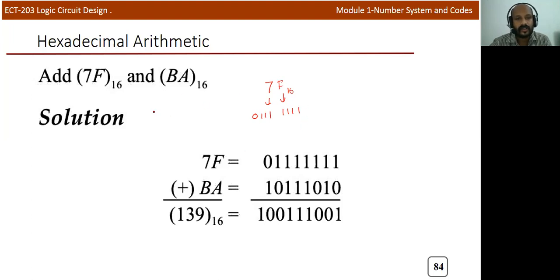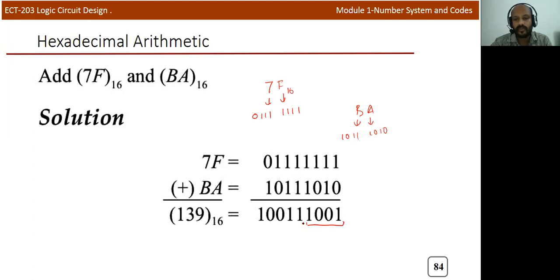Now these numbers are positive, so directly you can write. Second one is BA. So A can be written as 1010 because it's equivalent to 10, and B means 11, so 1011. Okay. If you know these values, easily you can write. So after that you can perform the addition operation. After the addition operation, again we need to convert the result into hex.